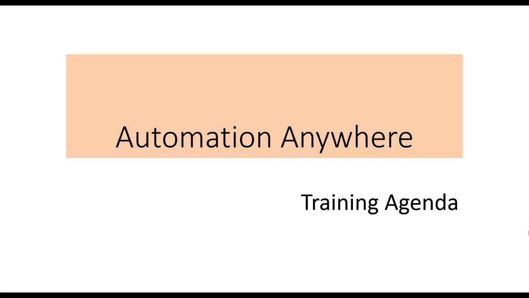And secondly, most importantly, guys, when you are joining the training session, make sure that you have a working internet, okay? You have the tool, Automation Anywhere, installed on your system, okay? And thirdly, the most important piece, that you have a working mic available with you, okay? Because during the training session, I would want each and every one of you to continuously interact.